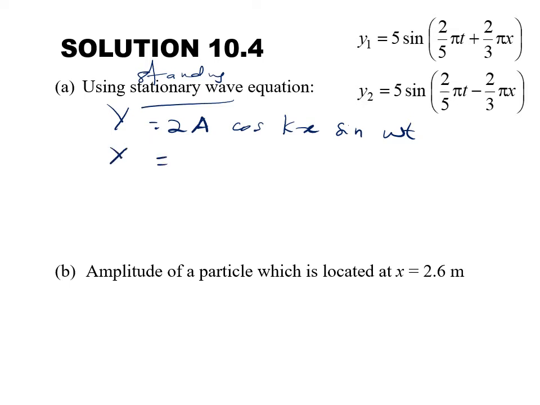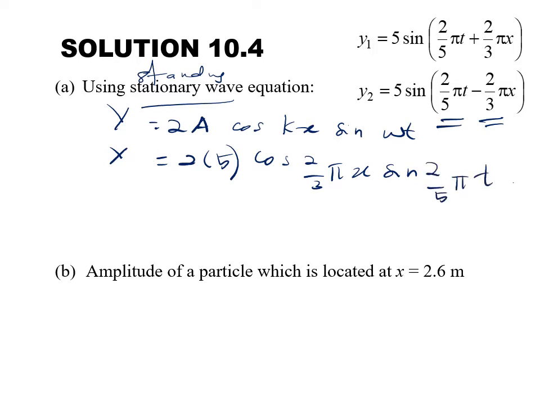Okay, so we just substitute the amplitude given here, 5, cos kx, where k is 2/3 pi x, sin, and this is our omega, 2/5 pi t.